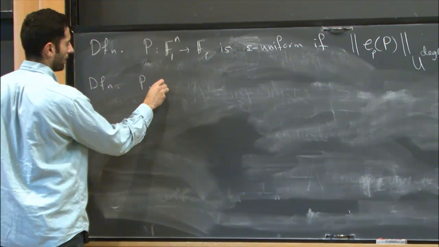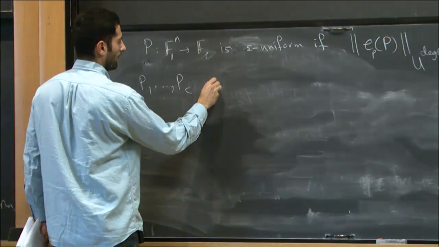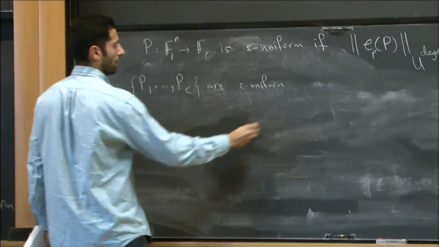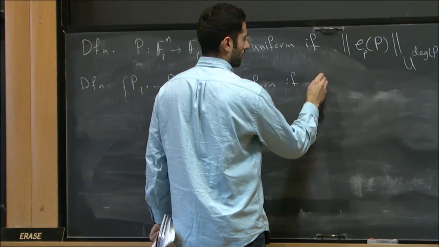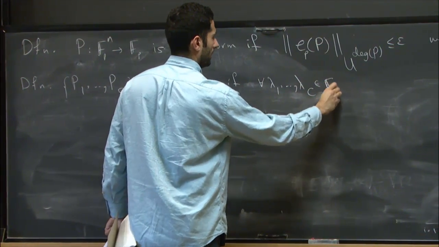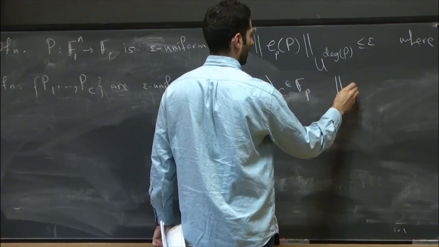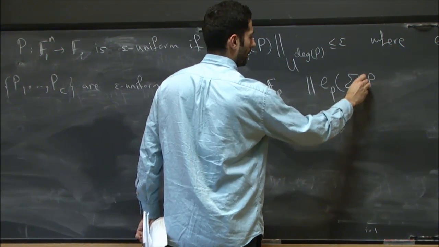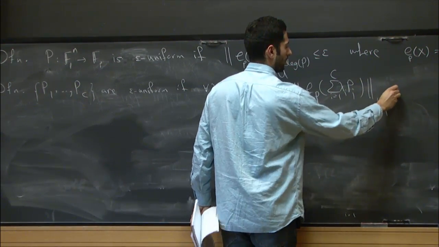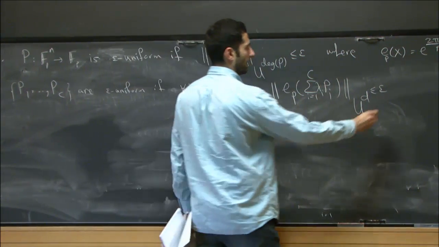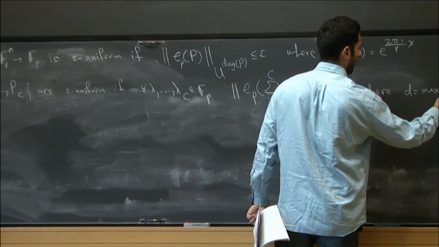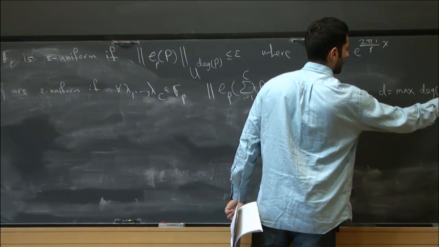So we say that P1 up to PC are epsilon-uniform as a collection if for every linear combination with coefficients lambda in F_p, the corresponding Gowers norm is small, where d is equal to the maximum of the degree of lambda_i P_i.